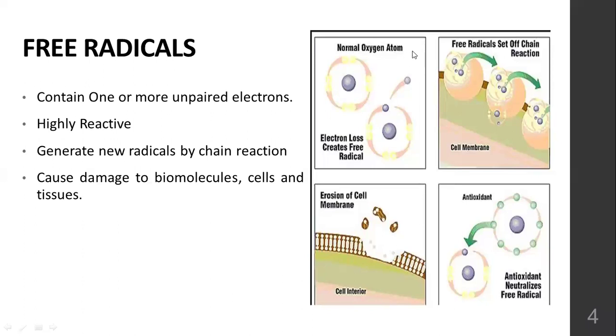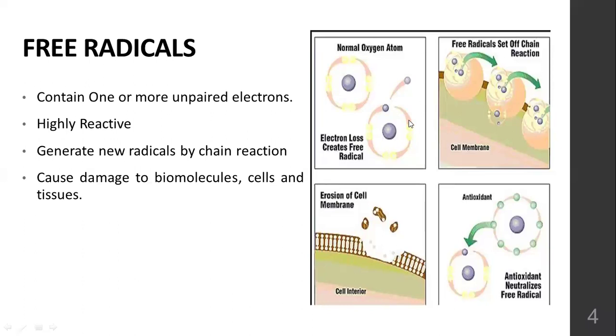The free radical becomes the oxidizing agent and the antioxidant becomes the reducing agent. The antioxidant gives its electron from the outermost shell to stabilize the free radical. So it becomes stabilized and your healthy cells and tissues will not get injured or attacked.